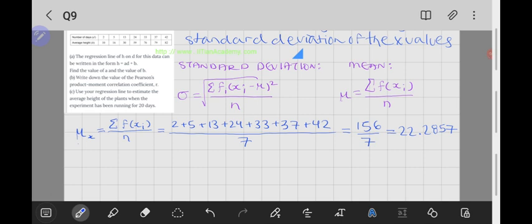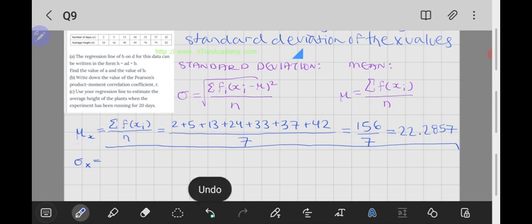We first put in our root and have our first x value minus our newly found mean, and we square that so that even though this value comes out negative, the negative will not matter.